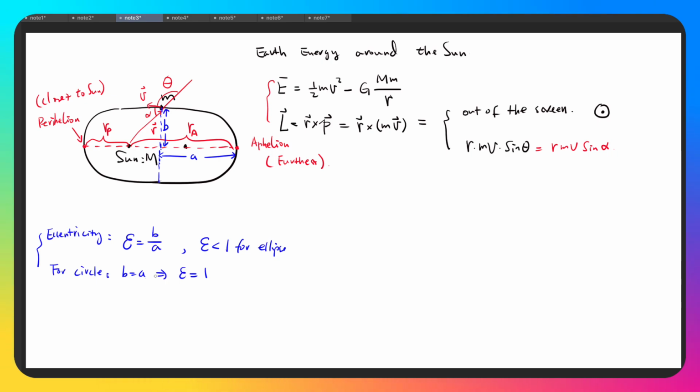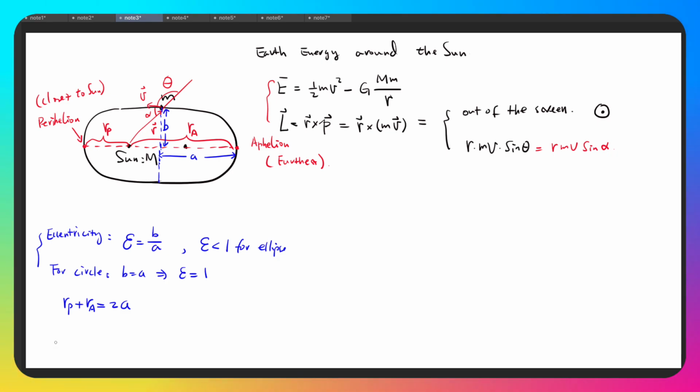Now with that definition, we can represent RP and also RA in terms of A and B. Actually just in terms of A. Let me show you how. RP plus RA equals 2A, right?